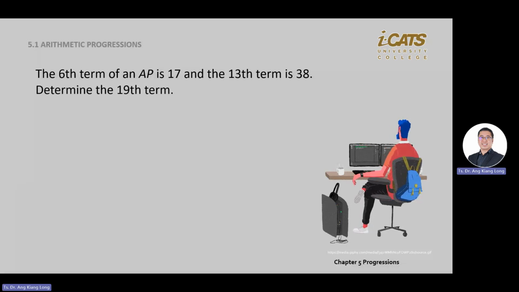So how do you answer this kind of question? Again, the general equations. There are only two equations here: the nth term equals A plus bracket N minus 1 D, and the sum, which you see on the whiteboard. You use the first one. The first info is 17 and the 6th term, so N equals 6.